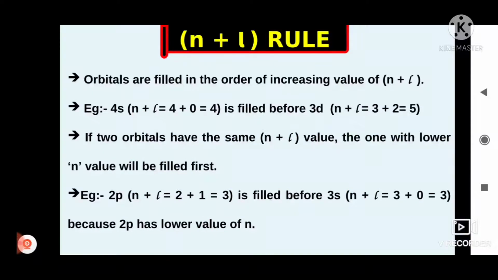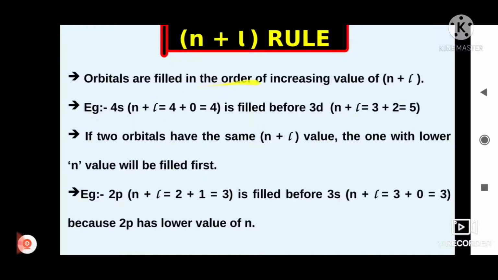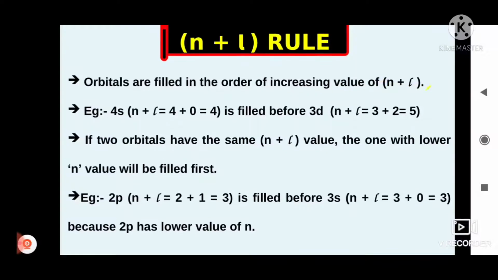The reason is that orbitals are filled in the order of increasing value of n plus l. n is principal quantum number, l is azimuthal quantum number. So for example 4s, n plus l equals 4 plus 0 which is equal to 4, is filled before 3d, because n plus l value of 3d is 3 plus 2 which is equal to 5.